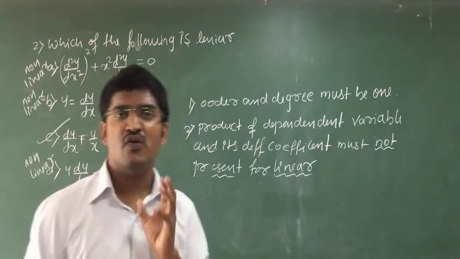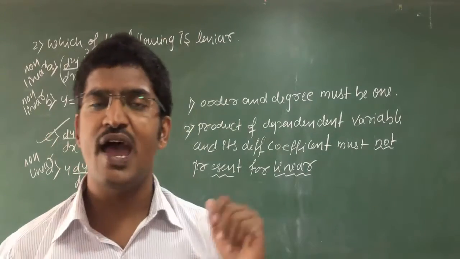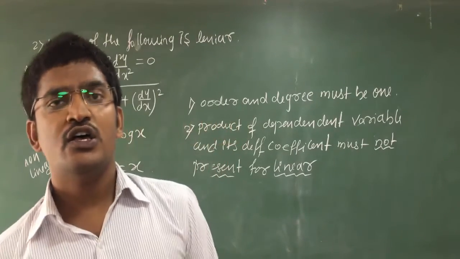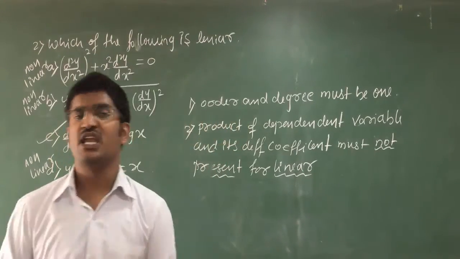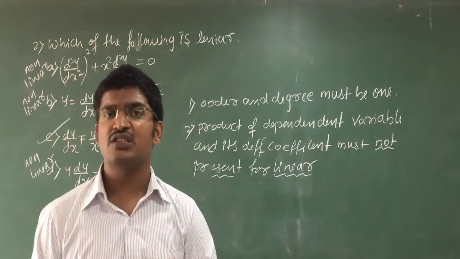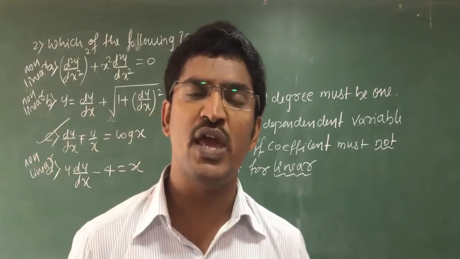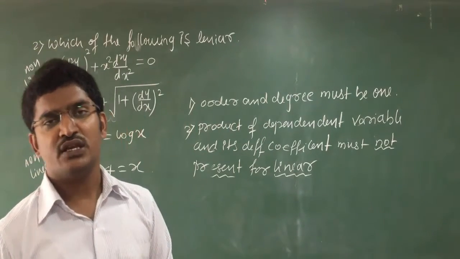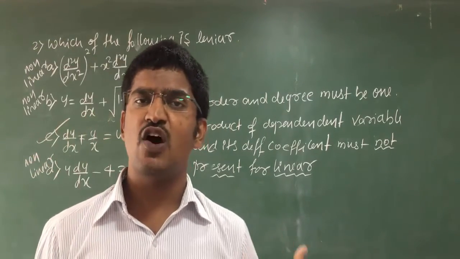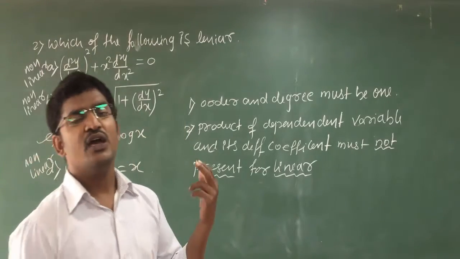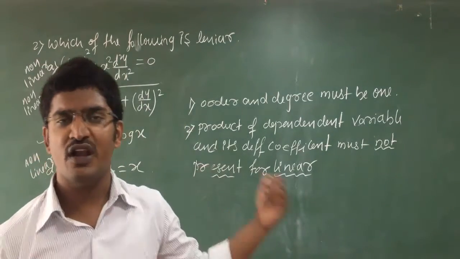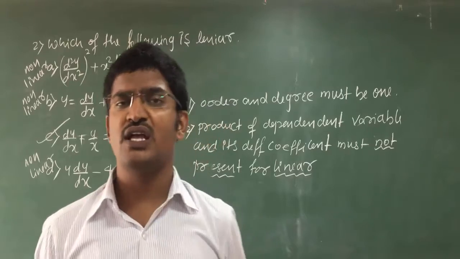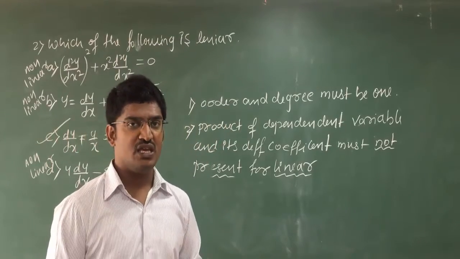Now I think you are clear about linear and non-linear. If you are perfect in finding linear and non-linear, then the further things will be very easy for solving the differential equations. Clear? If you find it is linear, then you can apply either of the two methods which I have already explained, and from that we can solve the differential equation.